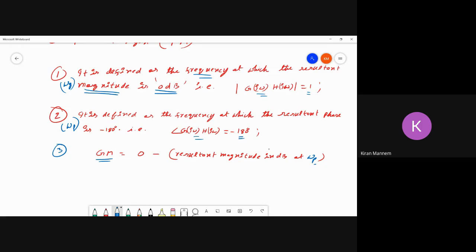Right. Fourth one, phase margin. Also, I don't write any complicated words.